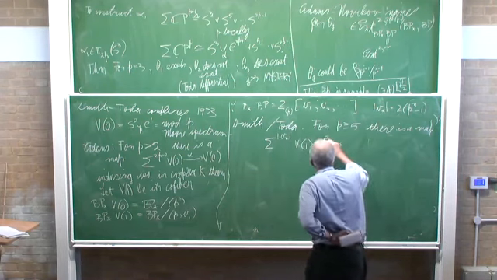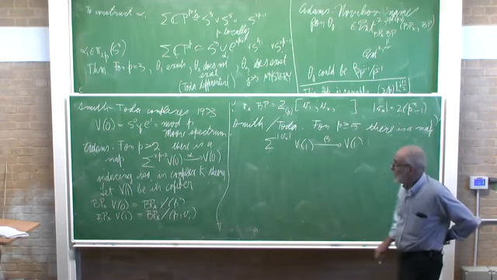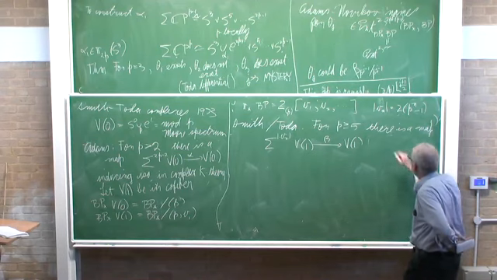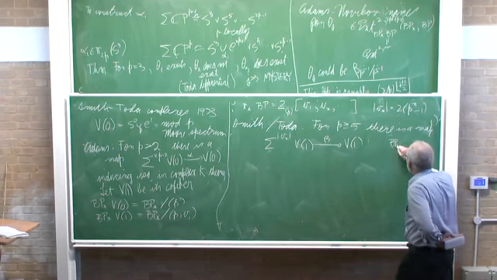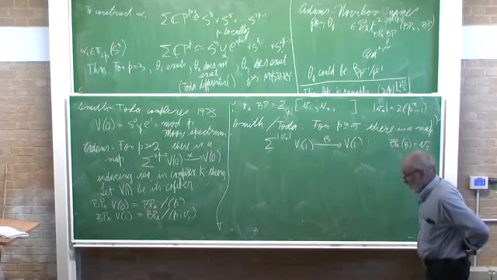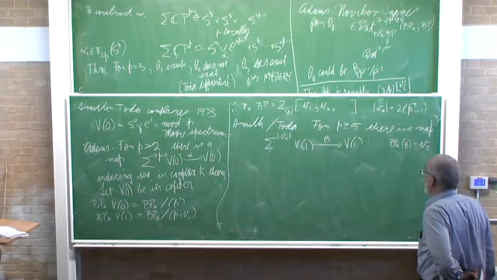I'll call it beta. It goes like this, and it's multiplication by v2.